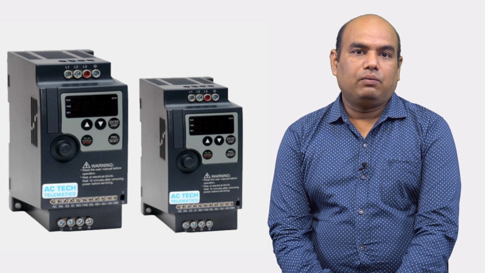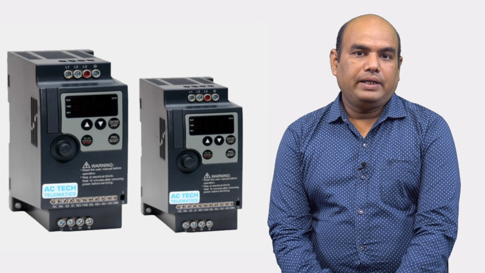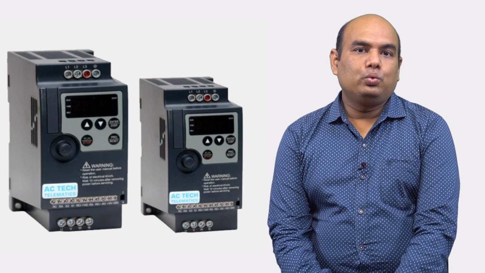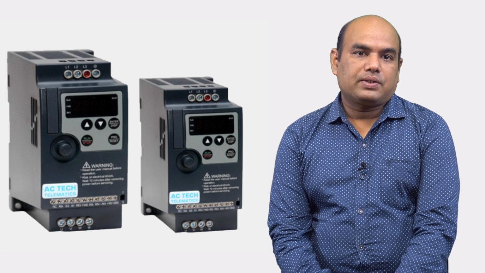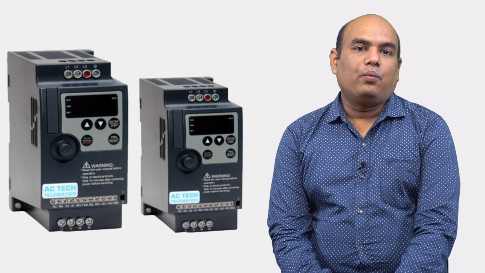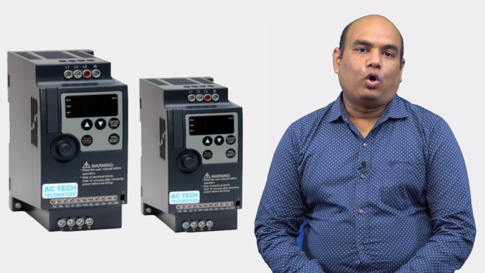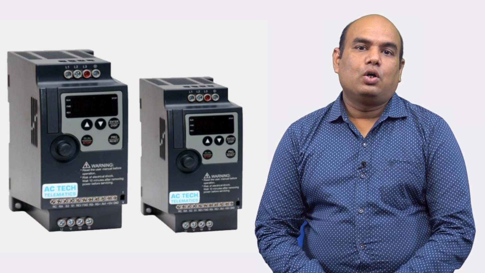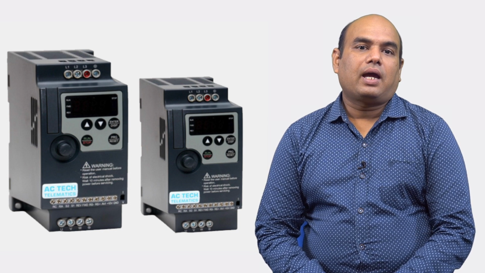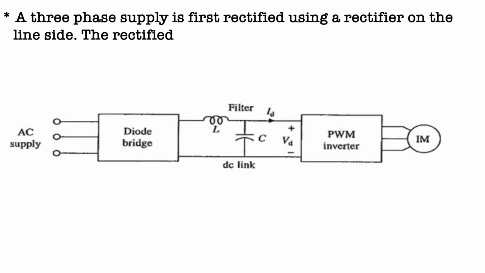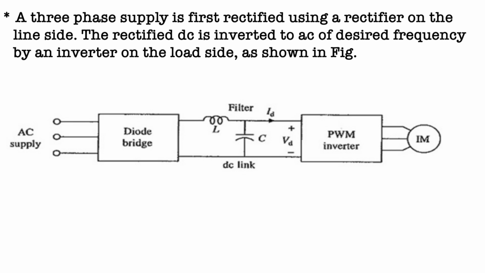Voltage source inverter is a kind of DC link converter which is a two-stage conversion device. It provides a variable voltage, variable frequency supply from a constant voltage, constant frequency supply. A three-phase supply is first rectified using a rectifier on the line side.